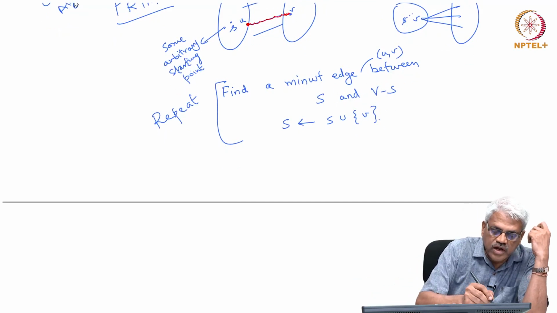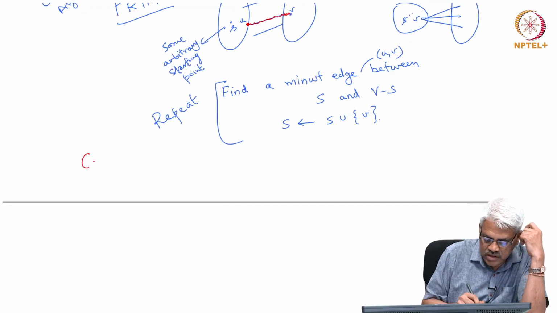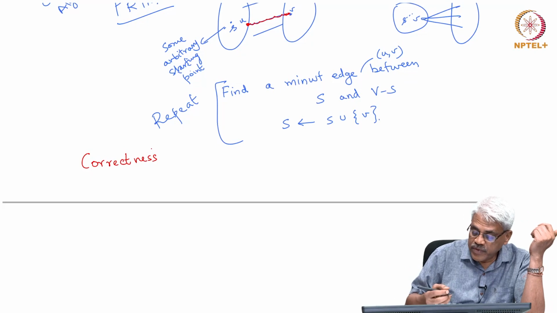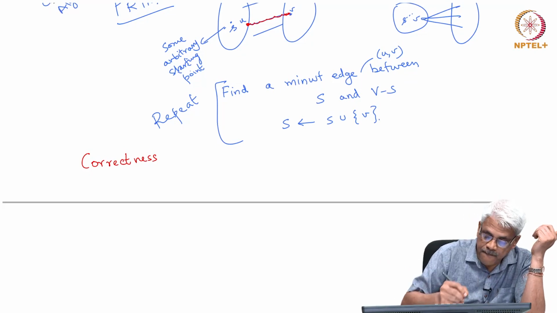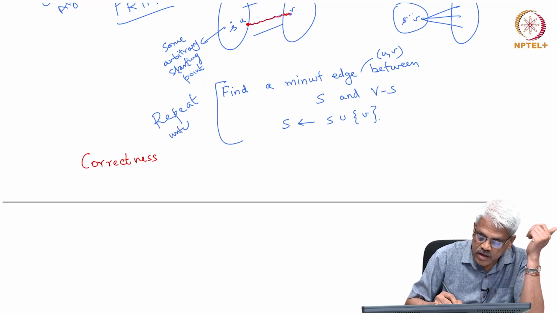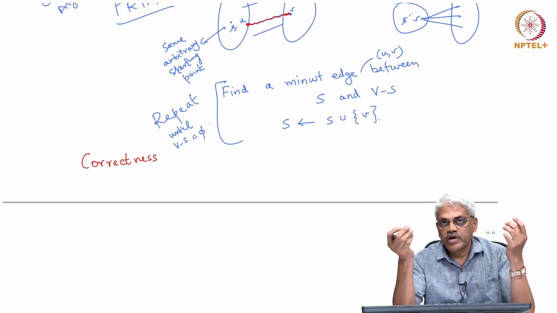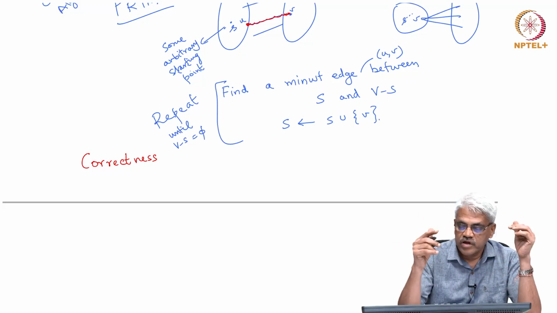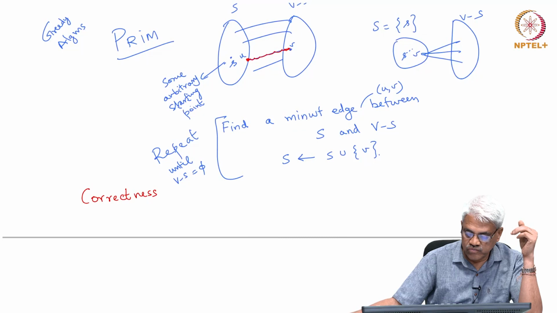you need to argue correctness. Repeat until what? Until V minus S is empty. Every time you are adding an edge and a vertex into capital S, you will have this big spanning tree.